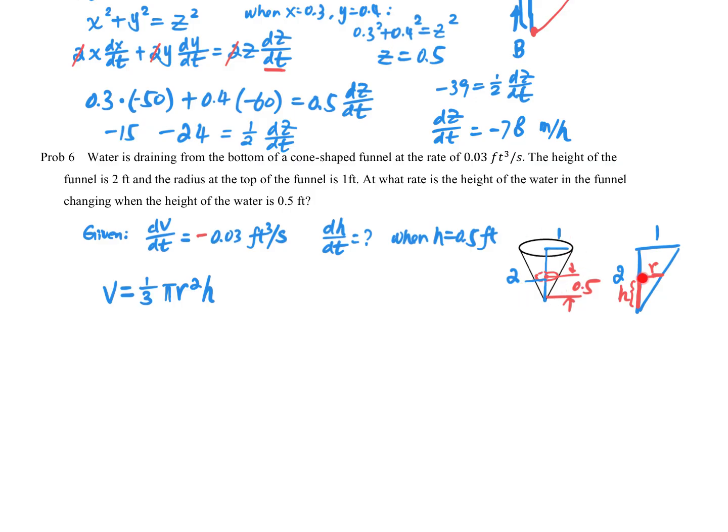So in this case, at any time when this is h and this is r, this triangle should be similar to this bigger triangle. With that, we can see that the radius should be half of the height.